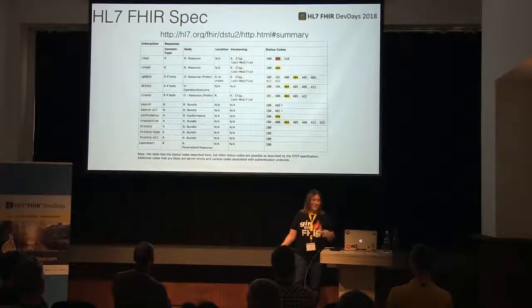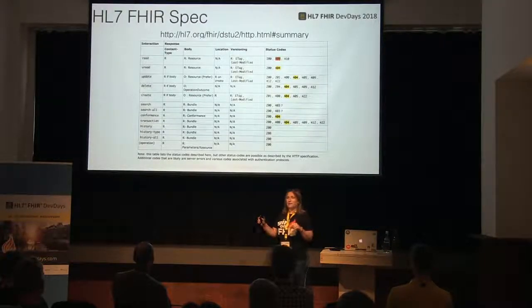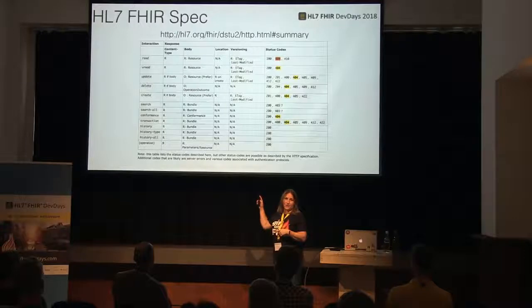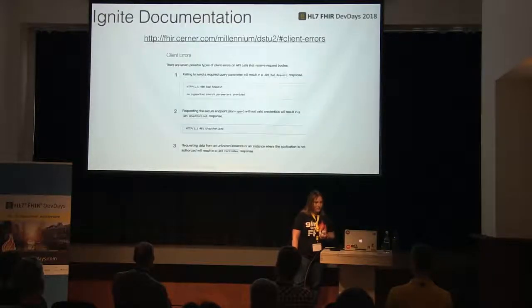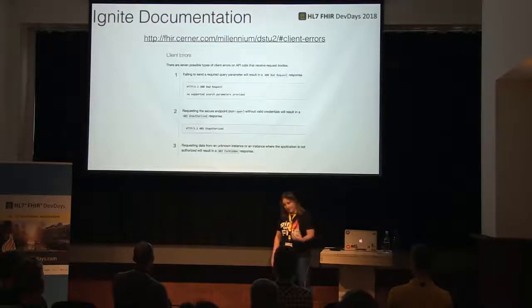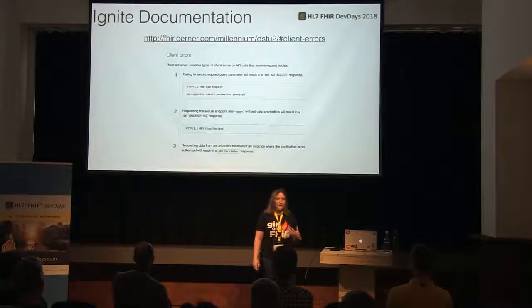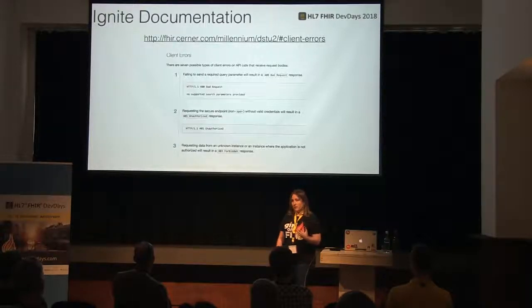I will say this table is gross. There's actually better information on each different action in the FHIR specification. This was just a good overview to call out that FHIR does call out what statuses are supposed to come back on requests. And for Cerner specifically, but this is true for most FHIR servers I know, they will have their own documentation.